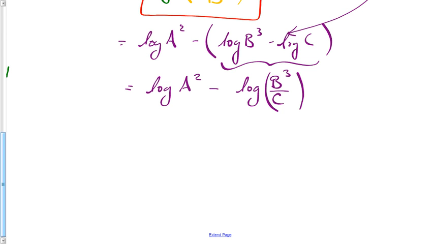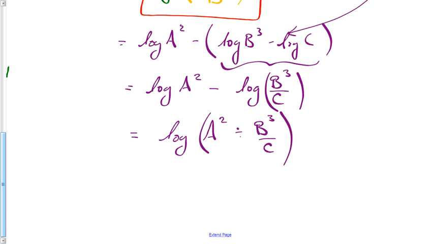And this is where it gets a little bit tricky, because since I'm subtracting logarithms, I think, well, this b cubed over c gets divided. So writing it as a single logarithm, I'll have a squared, and I'll be dividing by this b cubed over c.